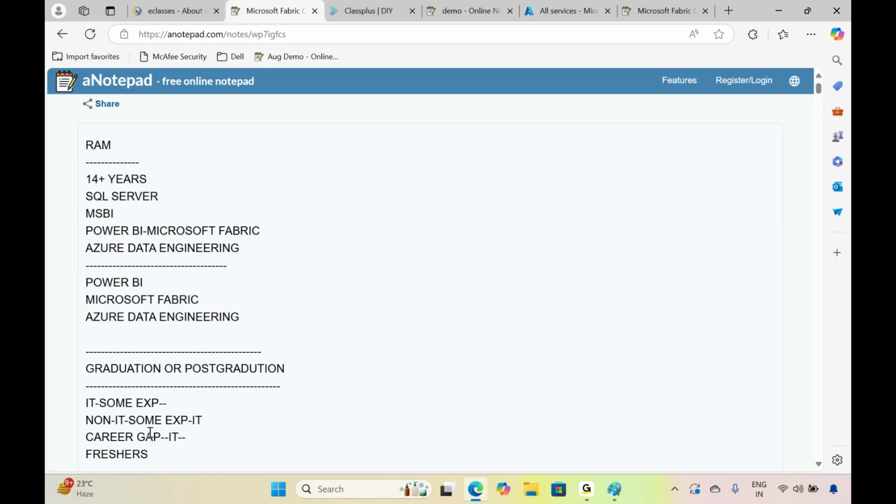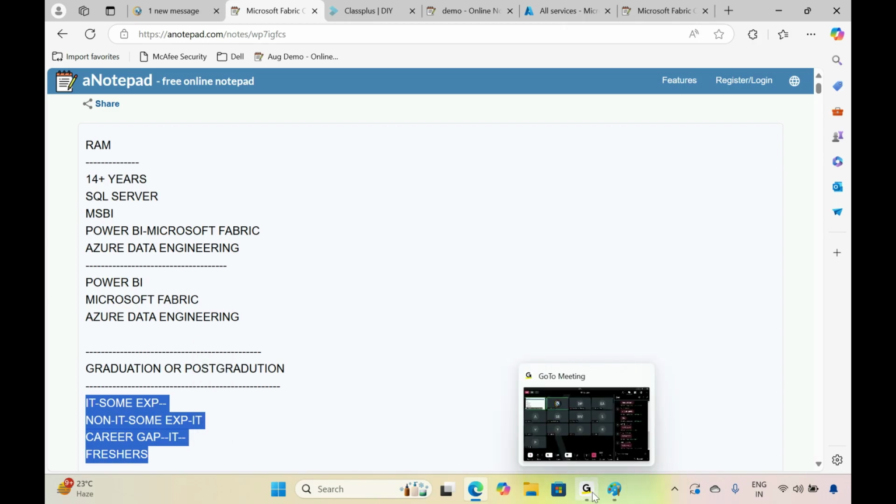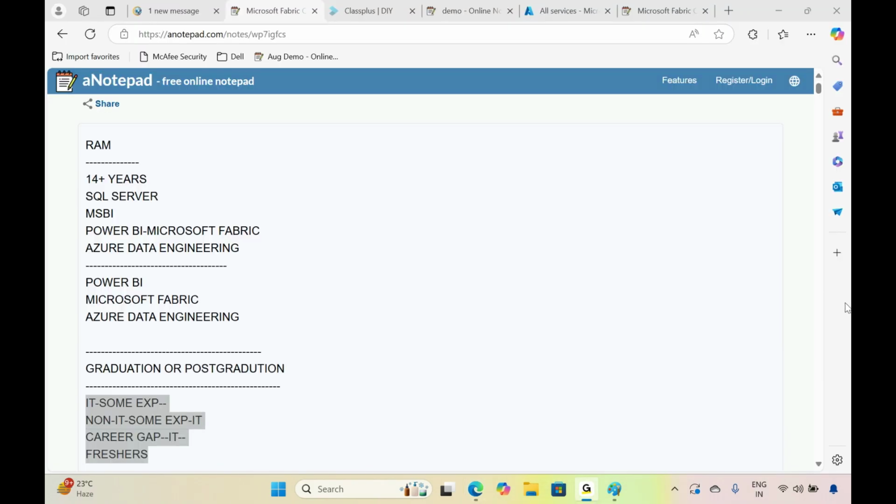May I know, if you belong to category 1, already working in IT; category 2, working in non-IT, you don't have any experience; category 3, you just have a career gap; category 4, freshers, meaning 2023-24 passed out. Can you please ping me which category you belong to, 1, 2, 3, or 4? Just share the number, then I will understand how many people belong to each category.